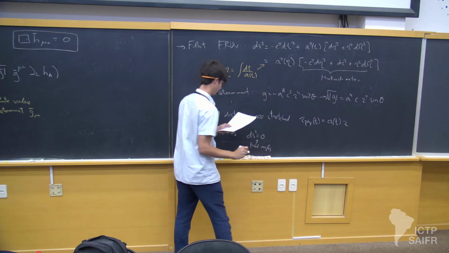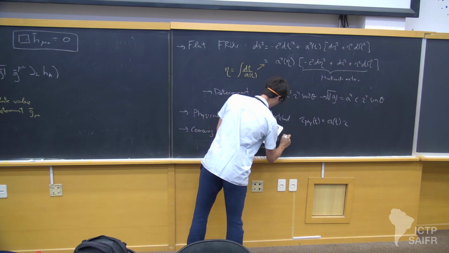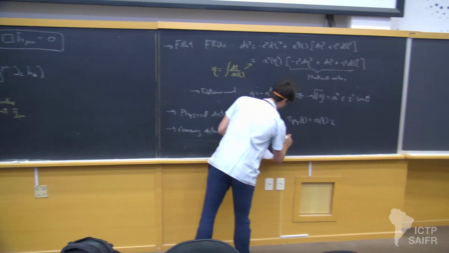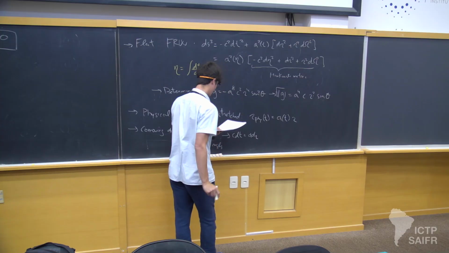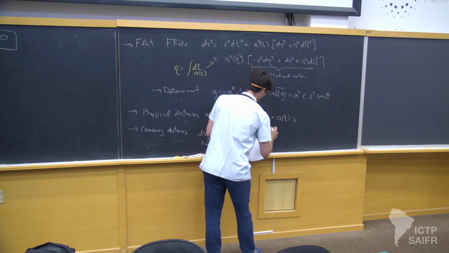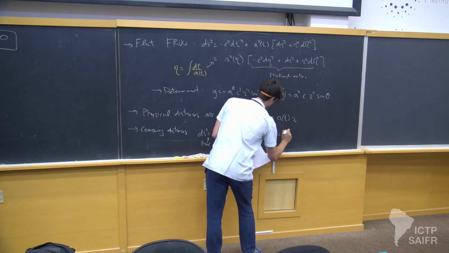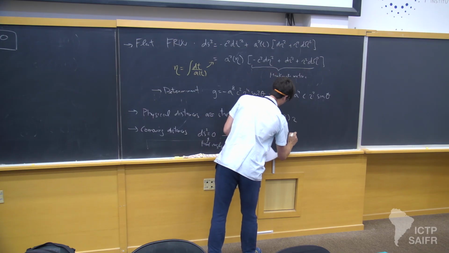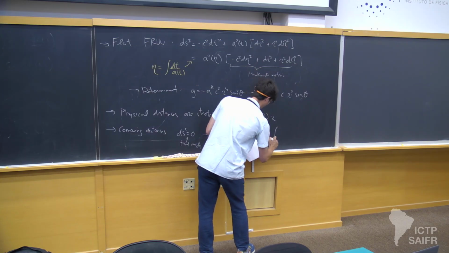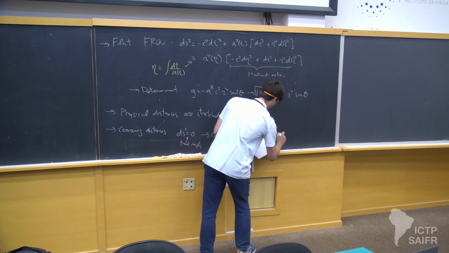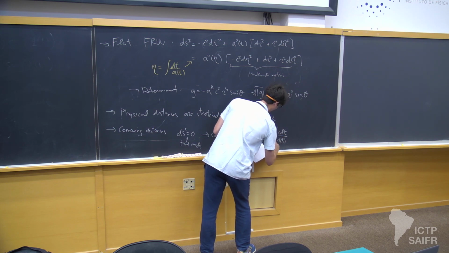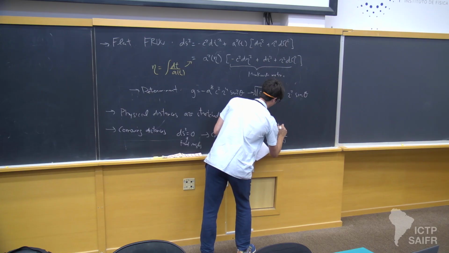So this means that for a null geodesic at fixed angle, we have c dt over a equals dr, and these are our co-moving distances. When we are in flat spacetime, this is just the coordinate distance r, and you can relate this to the integral of c dt over the scale factor from the emission to the observer.